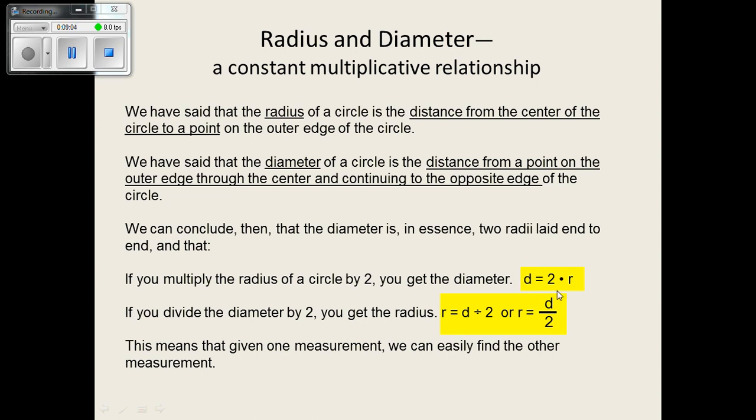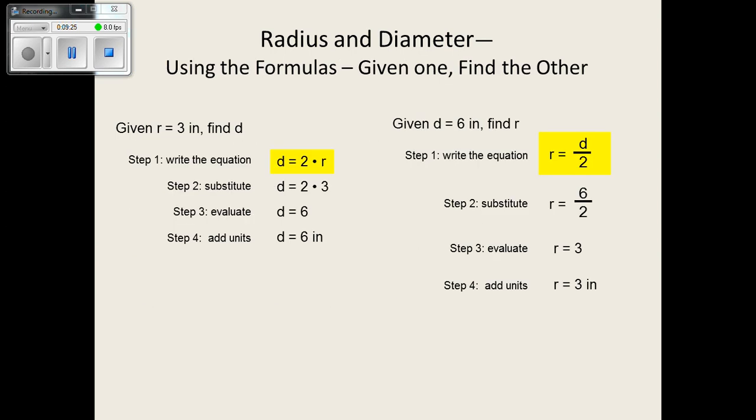And since we have equations that relate our diameter and our radius, and that's all we have that might be unknown since we have only 2 letters here, if we're given one of the letters, we can easily find the other. So let's take a look at how that's done.